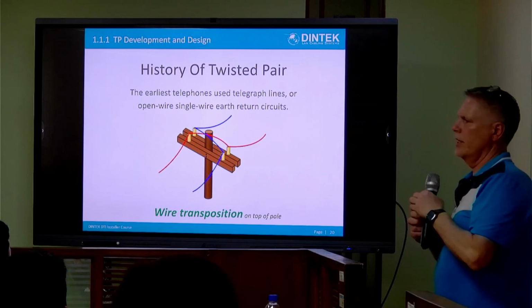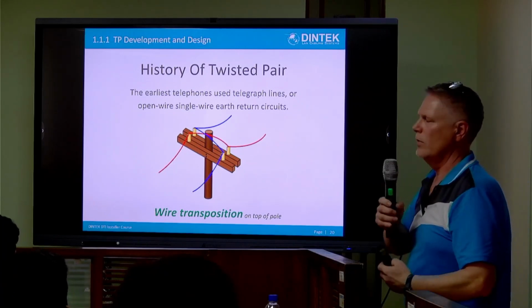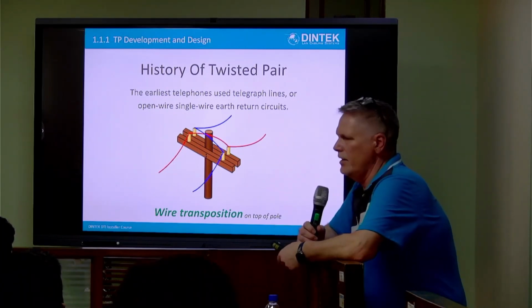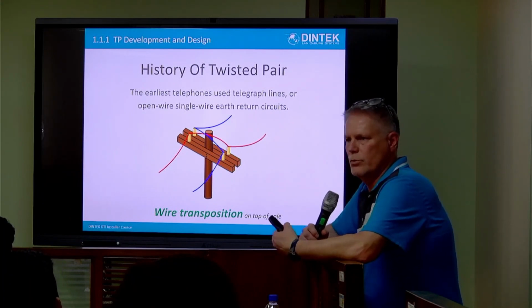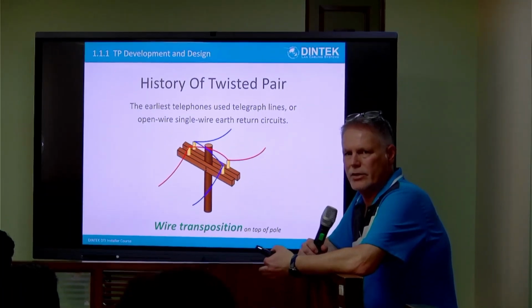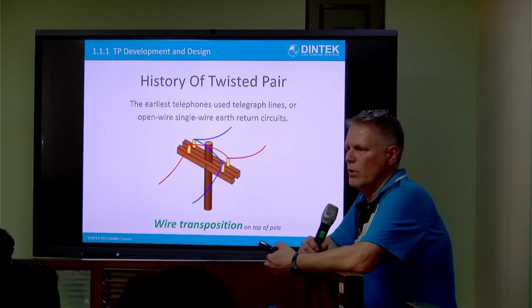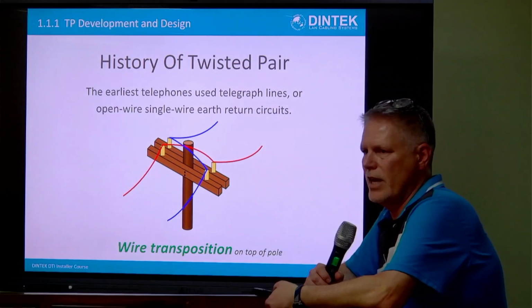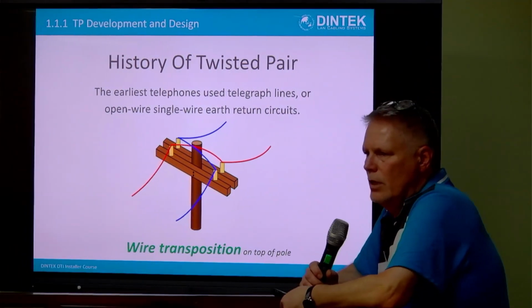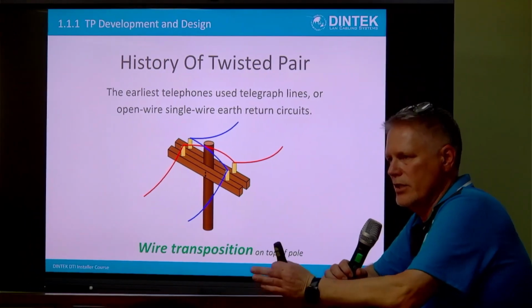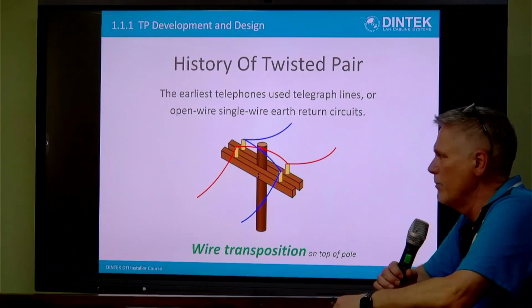If you look back at the history of twisted pair cable, originally in the 1800s we had Morse code, which was transmitted across telegraph lines. Back then we were looking at very low rates of data, so they just had two wires strung out a long distance, and then they sent these signals across the wires.